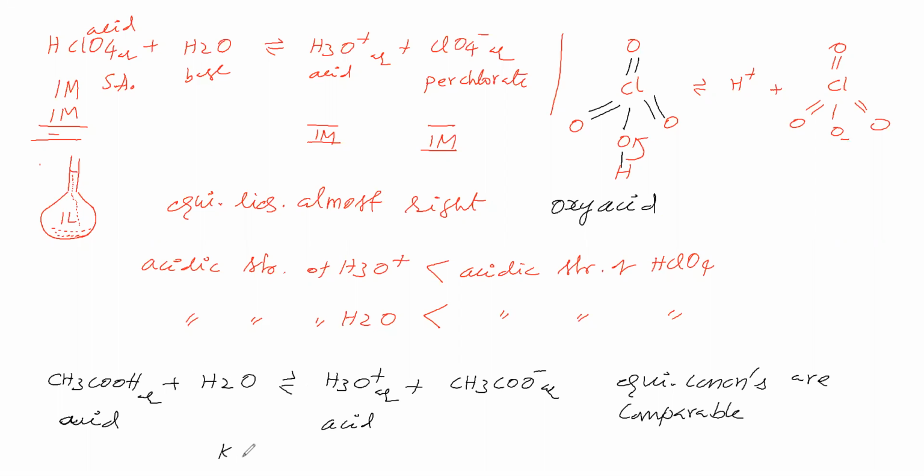The equilibrium constant is roughly 10 power minus 5. The constant is called the dissociation constant because acetic acid dissociates to give hydronium ion and acetate ion. Therefore, we can call this equilibrium constant the acid dissociation constant.